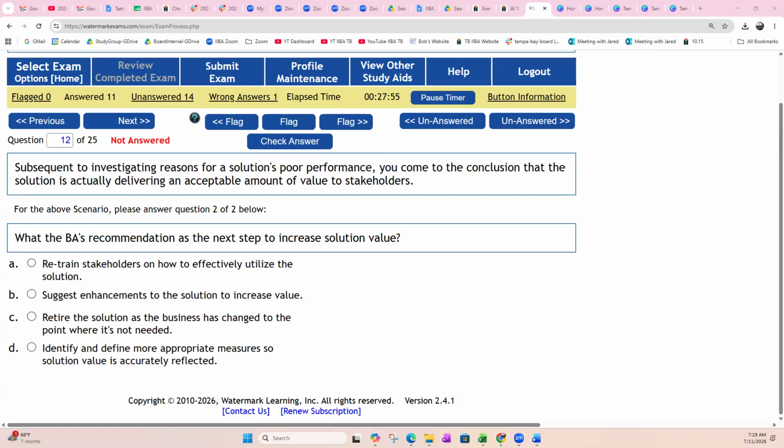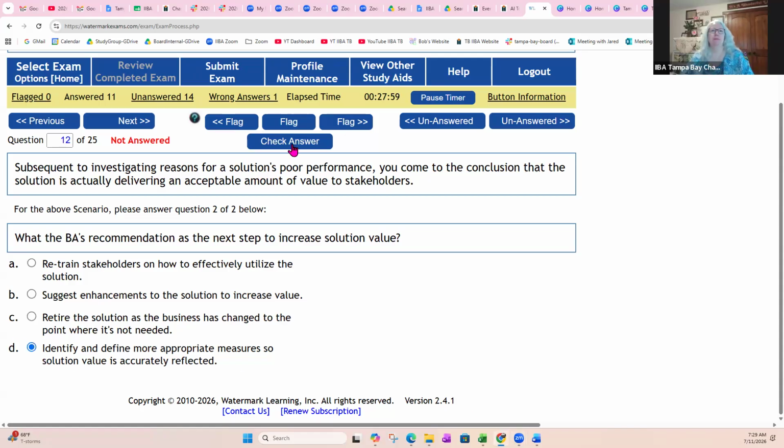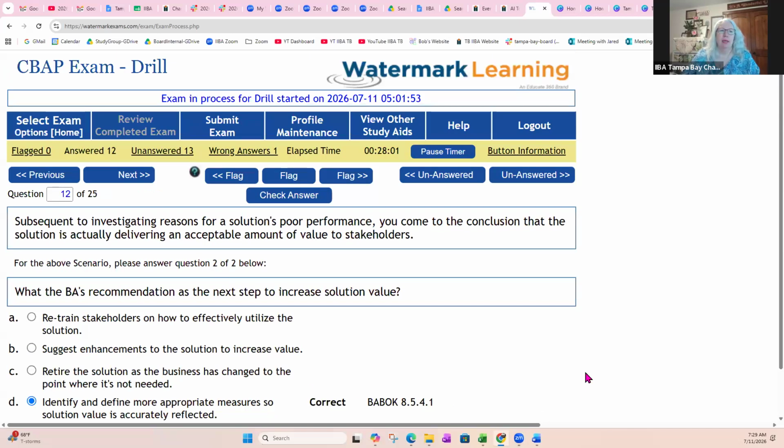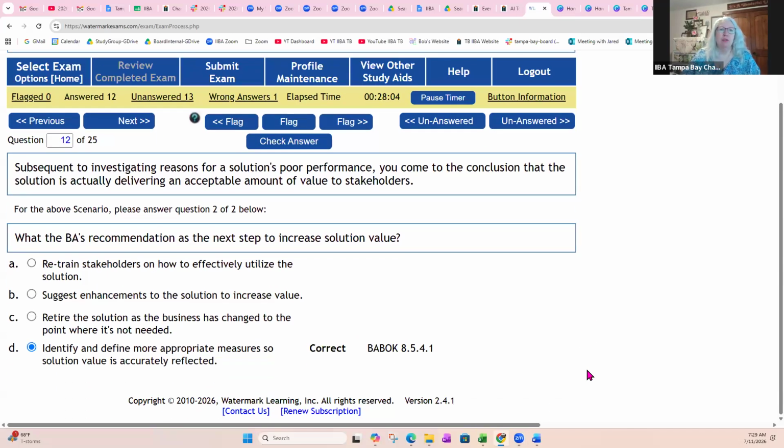D, D for Denmark, yeah. Okay. And you're correct. If the solution measures are not accurately reflecting the value, you improve your solution measures. Either you eliminate some, you change some, or you add some.